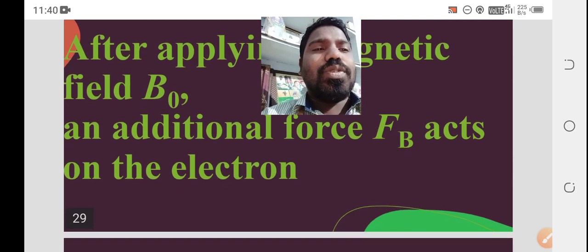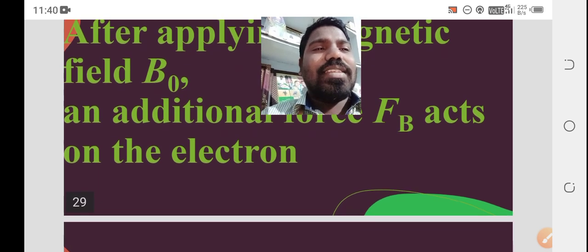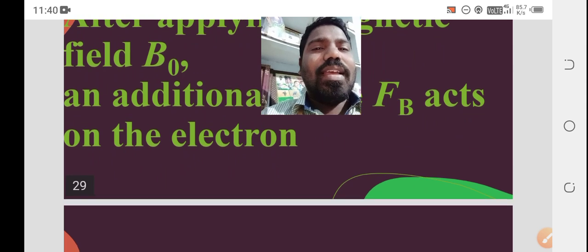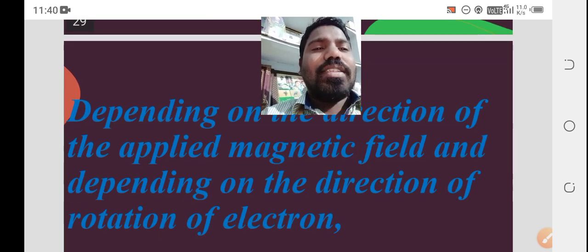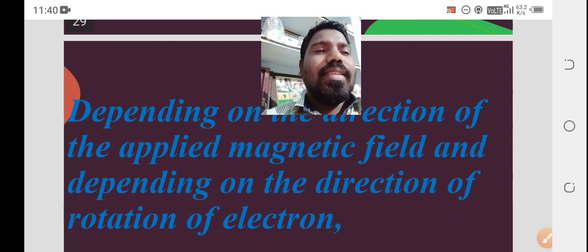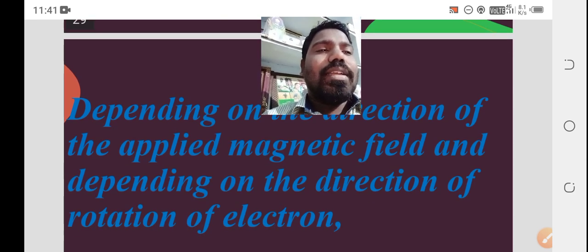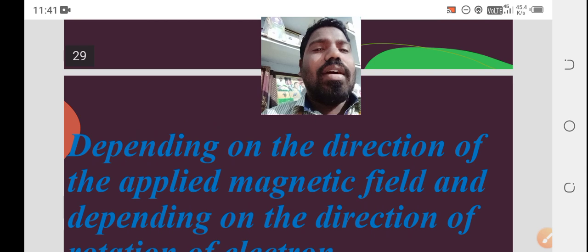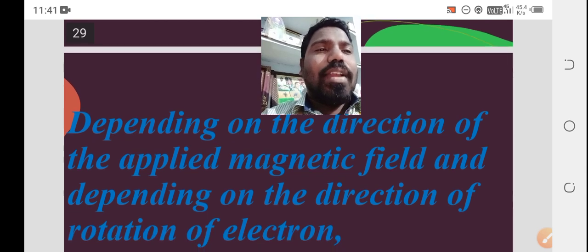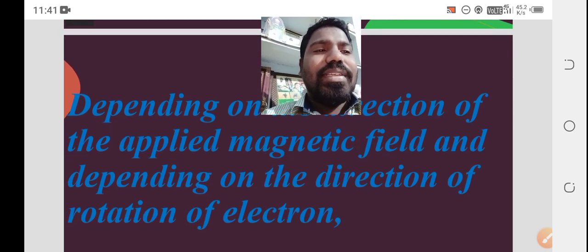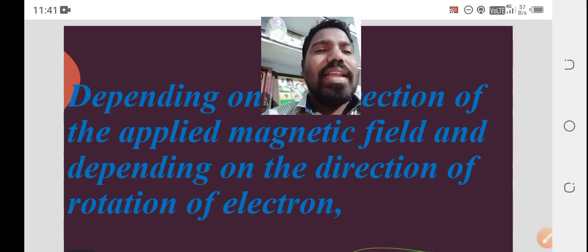The force due to the magnetic field, that is the magnetic force FB, acts on the electron depending on the direction of the applied magnetic field and depending on the direction of the rotation of the electron.